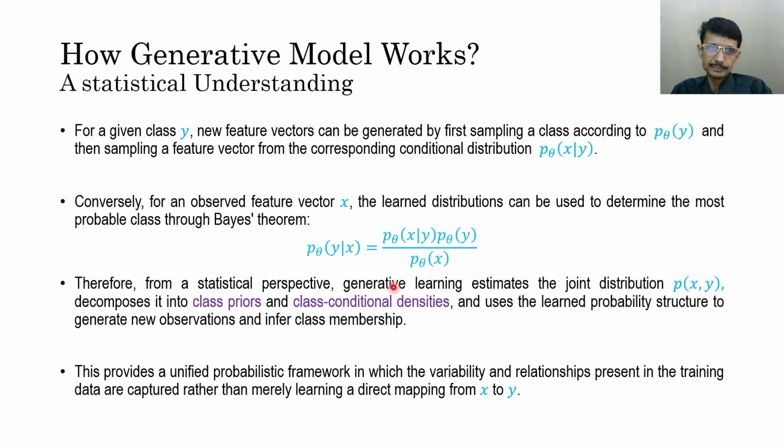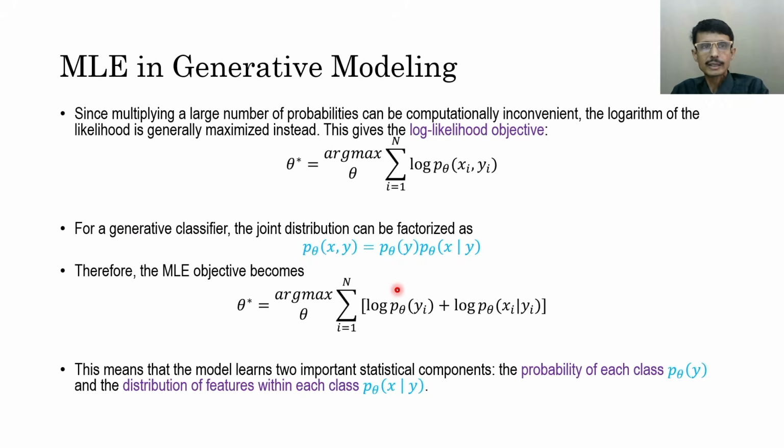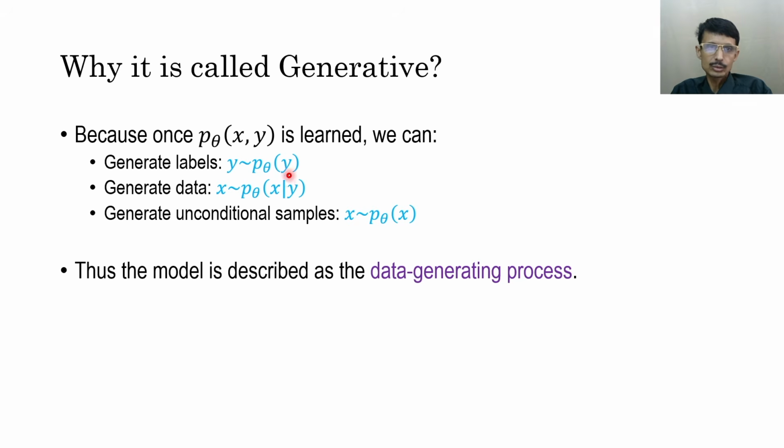These two things we know, so we can generate unconditional samples from p theta x. Thus, the model describes the data generating process, and thus it can generate data.